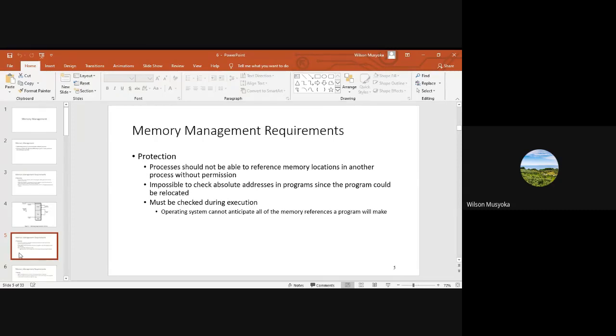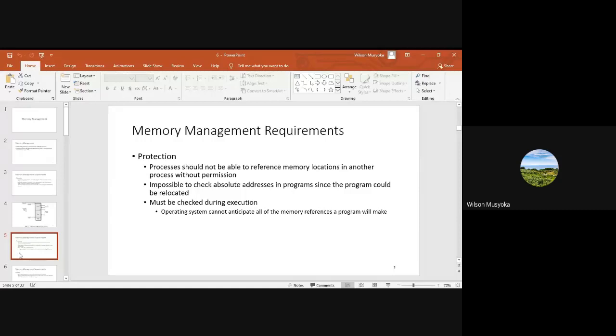In order for this memory management to work, what are the requirements which need to be in place? One of them is protection. When we are talking about protection, the basic thing is that when a process is running, it is always allocated resources, like the memory location or the data it is going to work on.